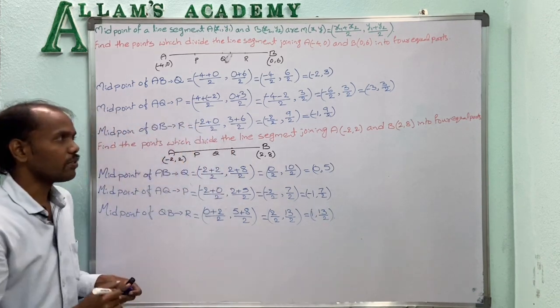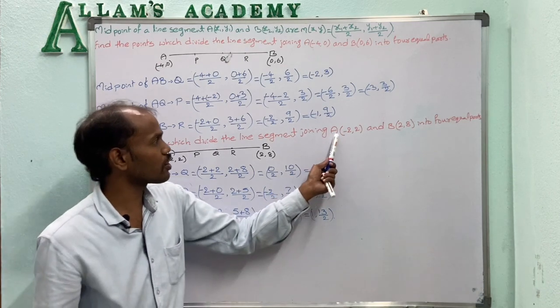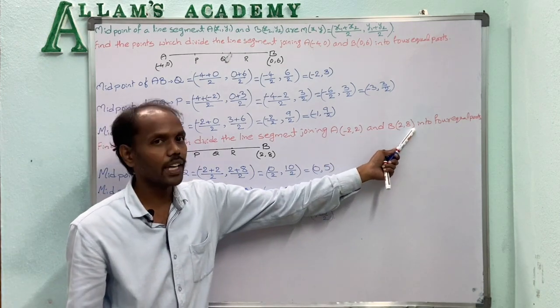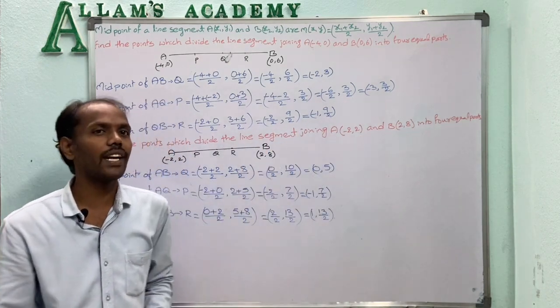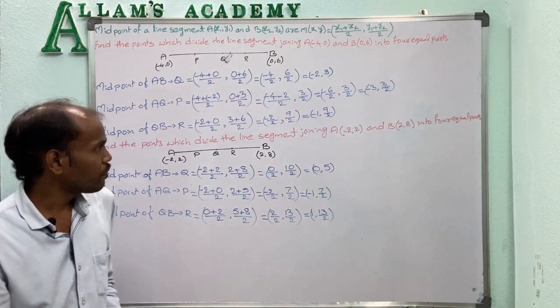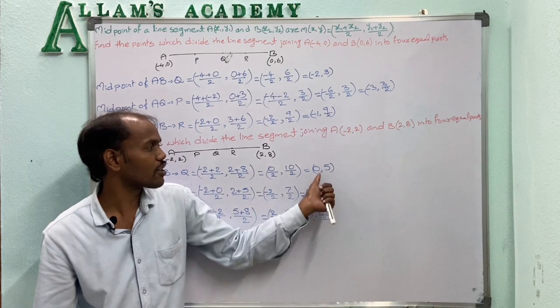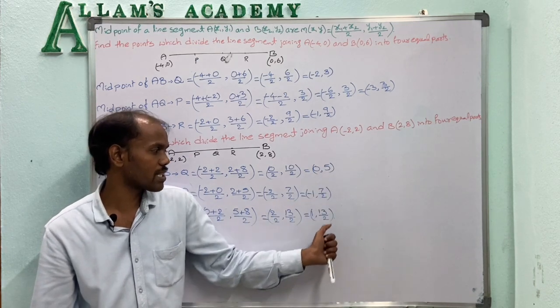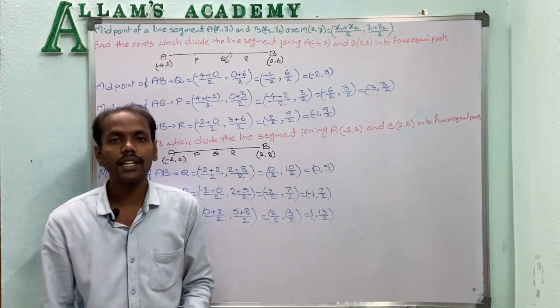So now this line segment joining minus 2 comma 2 and 2 comma 8 is divided into 4 equal parts. Then the 4 equally dividing points are 0 comma 5, minus 1 comma 7 by 2, 1 comma 13 by 2.